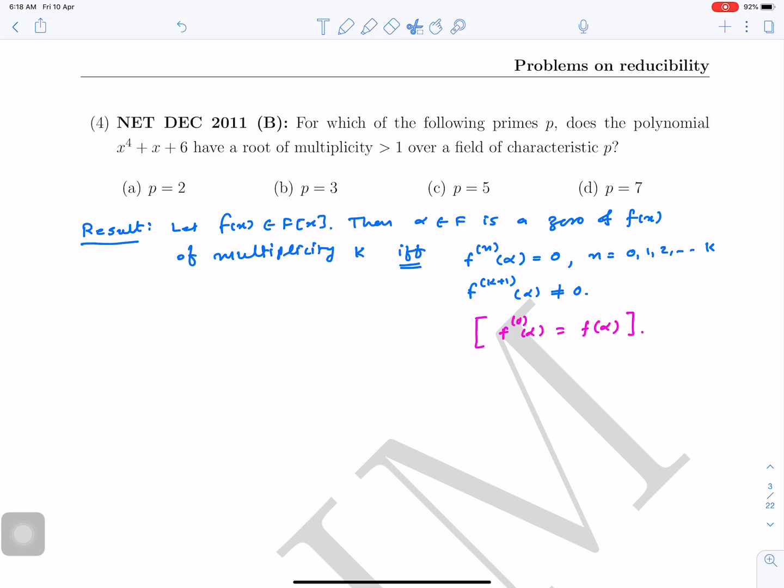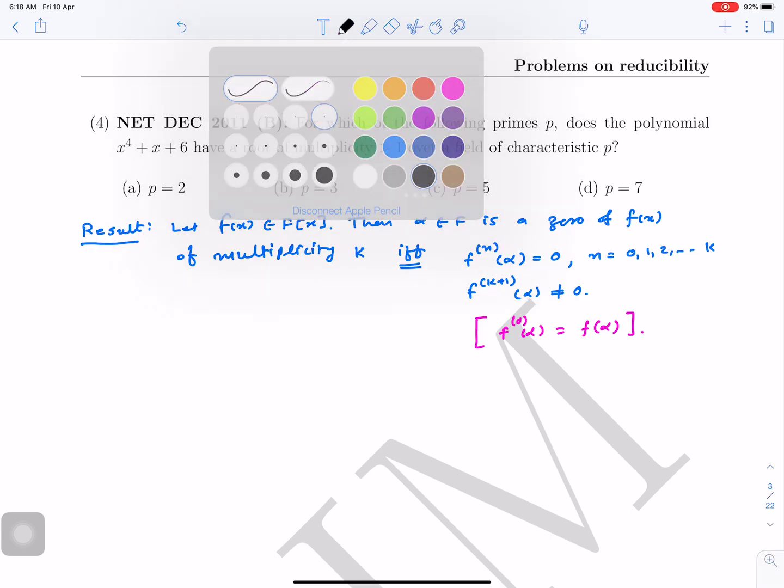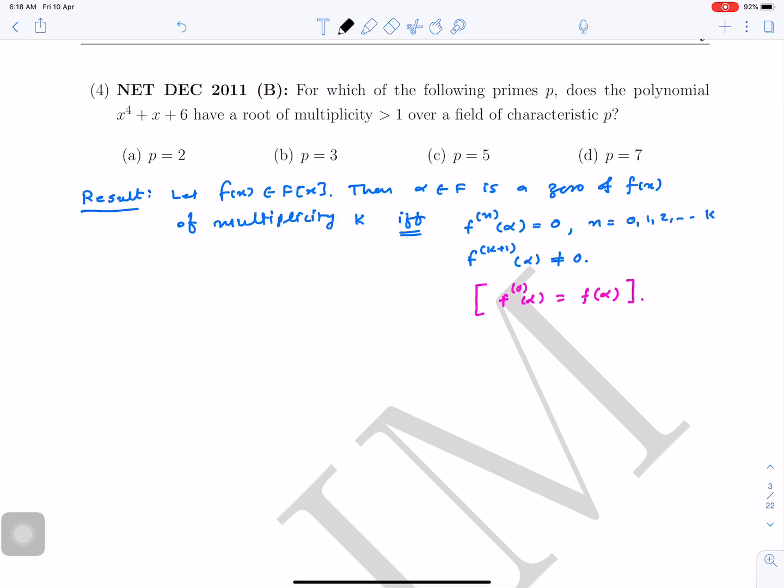So here my polynomial is: let f(x) equal x raised to 4 plus x plus 6, for a field of characteristic p.